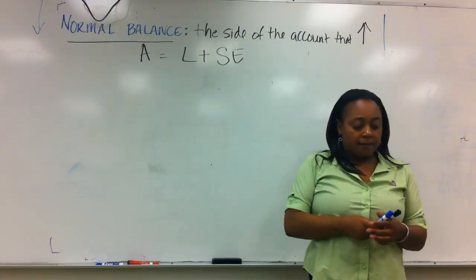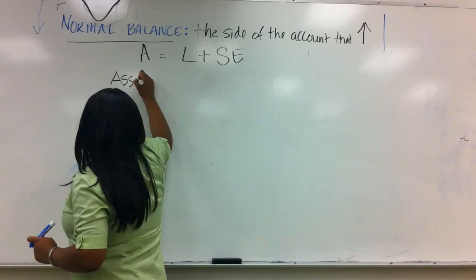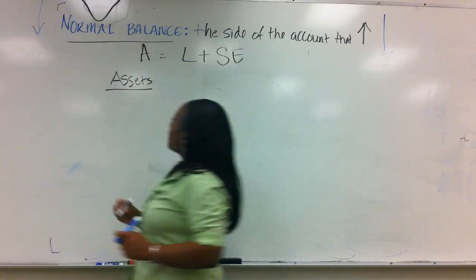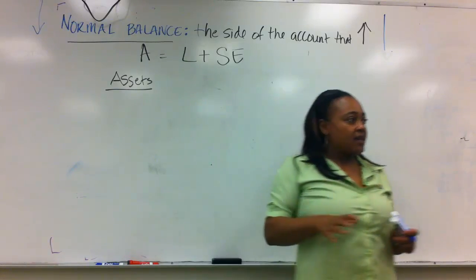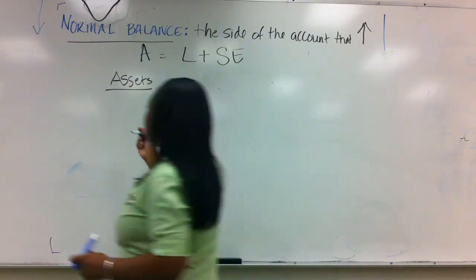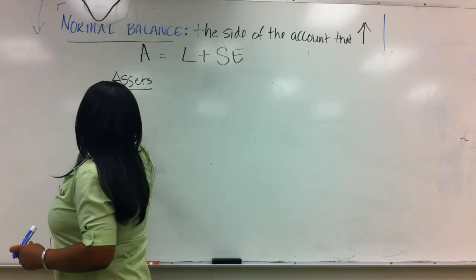A represents what? Assets. So as long as you know what an asset is, if an account happens to be an asset, you can assume that its normal balance is debit.